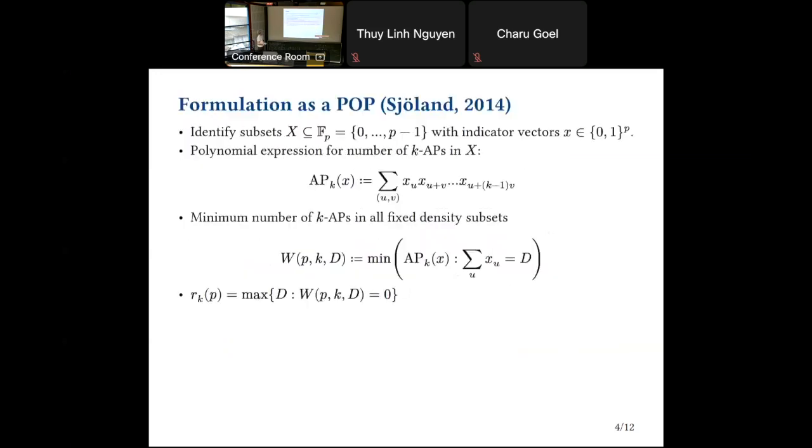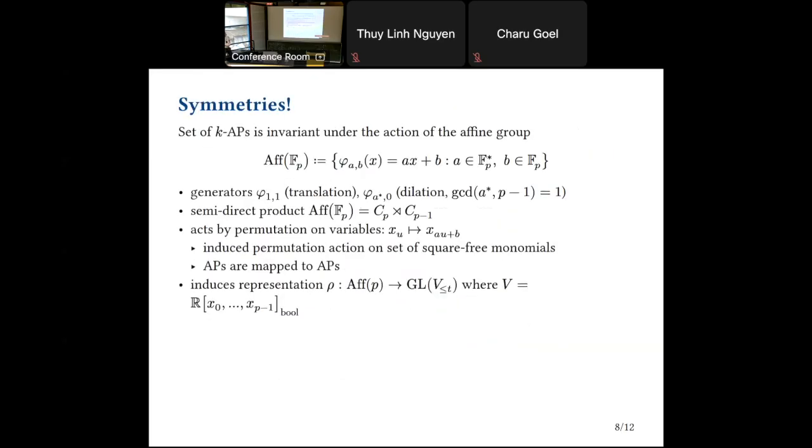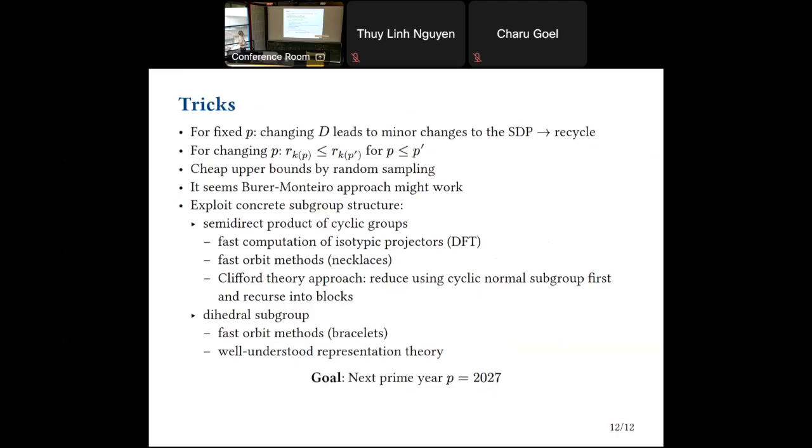You just randomly sample these indicator vectors, let's say, with exactly 10 D ones, and you get quite good upper bounds from this, also very fast, because it's super vectorized. And it seems that first order methods, at least for the primes that we tested so far, give more or less the same results. We might investigate this a little bit further.